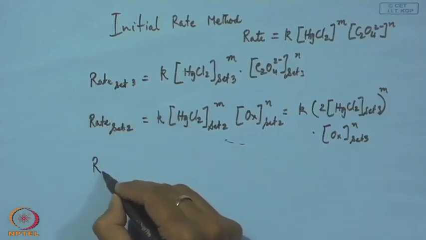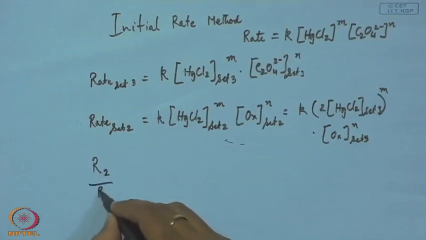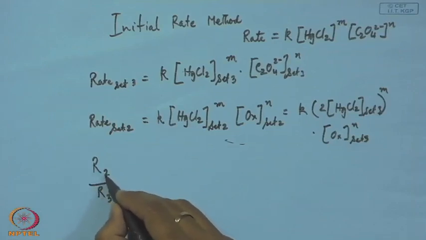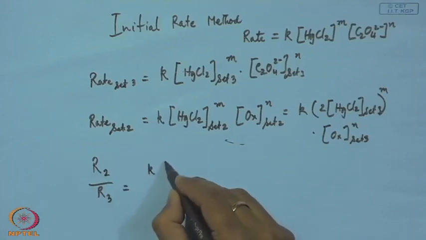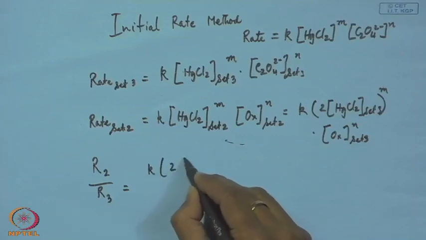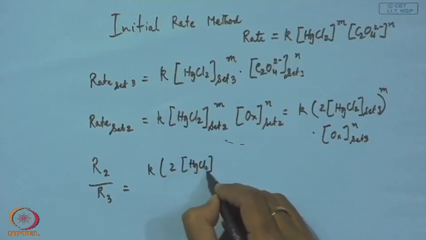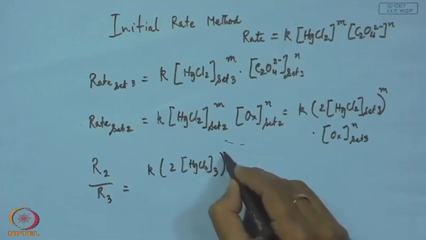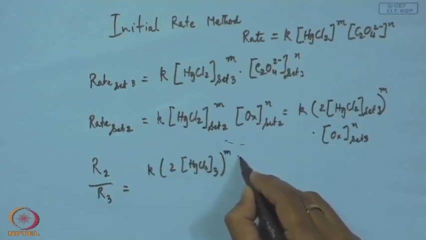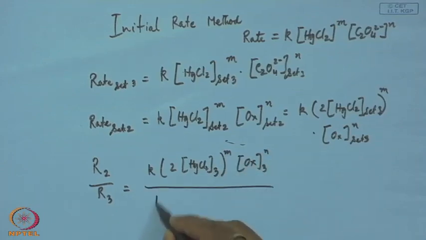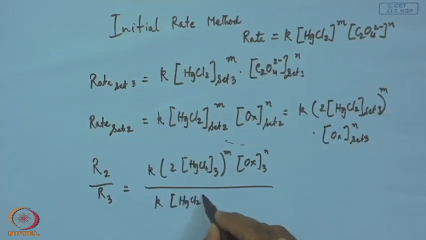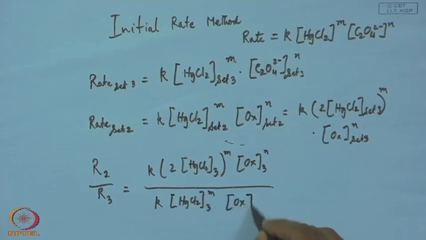So, R2 by R3, that means the rate for set 2 over the rate for set 3, is equal to K times 2 [HgCl2] set 3 to the power m, then oxalate set 3 to the power n, divided by the same K, then [HgCl2] set 3 to the power m, oxalate set 3 to the power n.